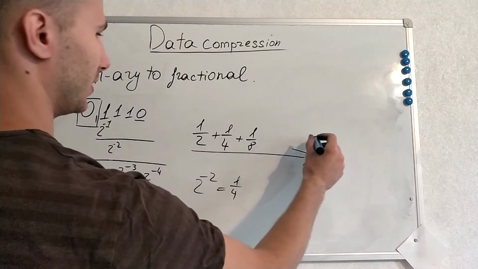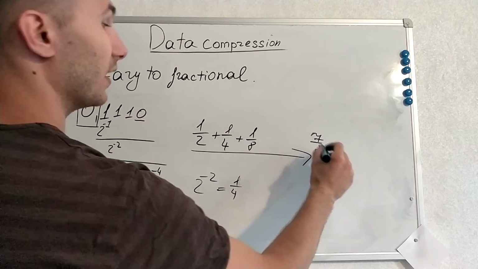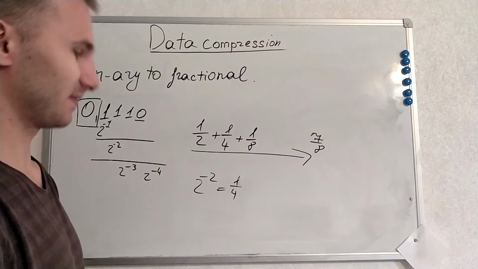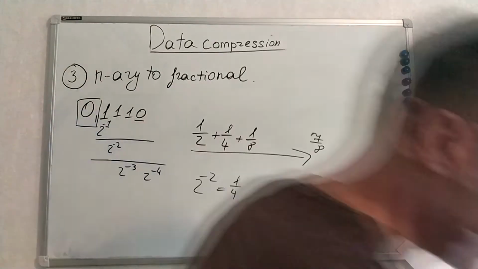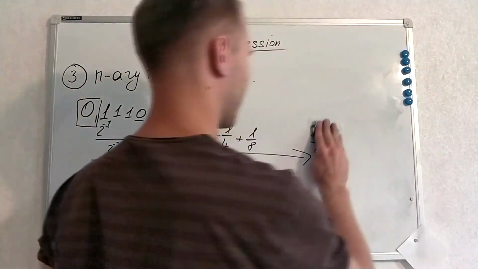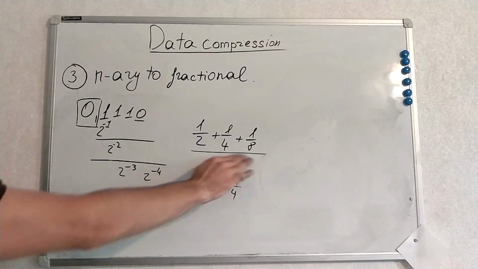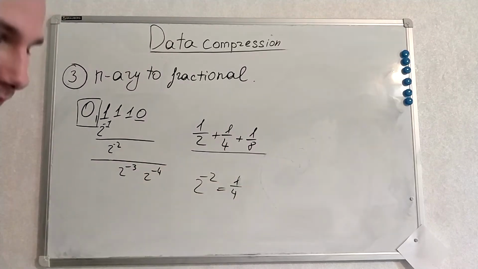I think it will be 7/8 or whatever. Maybe the result may be wrong. I made it very fast, just to make you understand what's happening. The result 7/8 might be wrong. The result of our operations will be this sum.